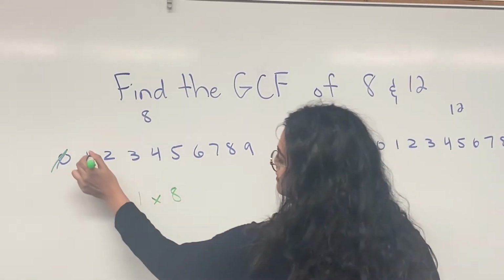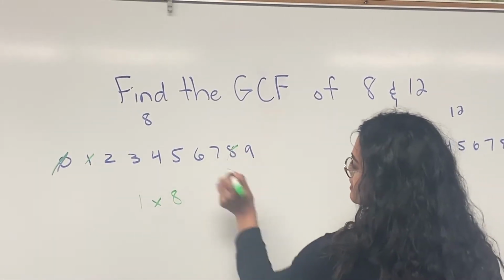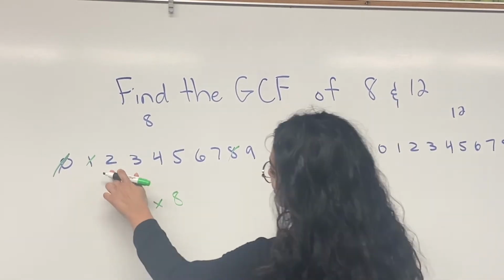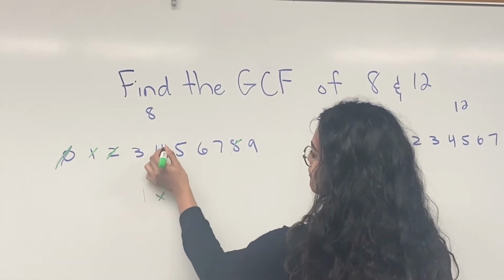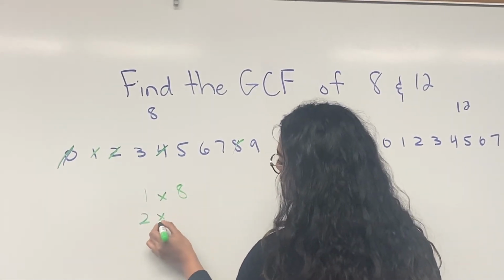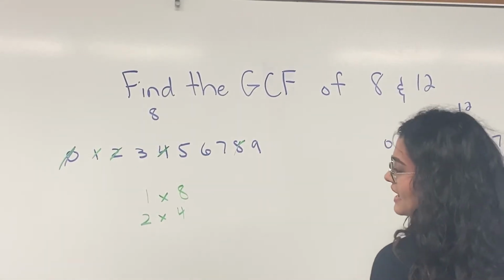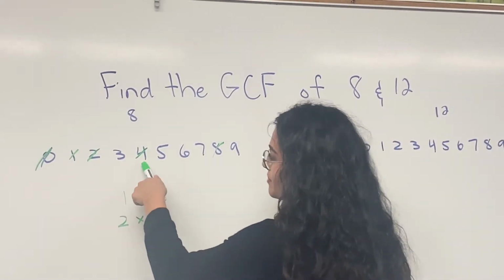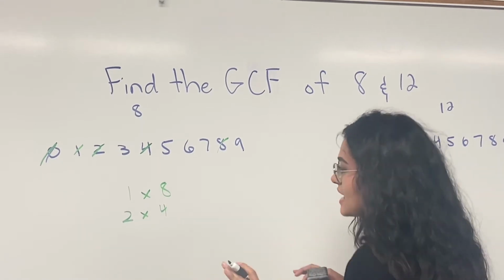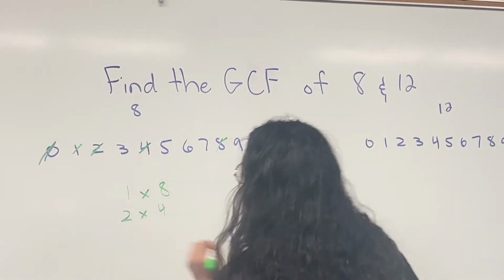And then I'm going to cross off my 1 and my 8. Does anything times 2 equal 8? Yes, we have 2 and 4. So I'm going to write 2 times 4 because that equals 8. Does anything times 3 equal 8? No. And then I go to my 4, but that's already crossed out, so I stop. And these are my factors for 8.